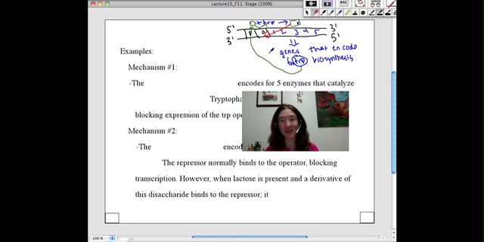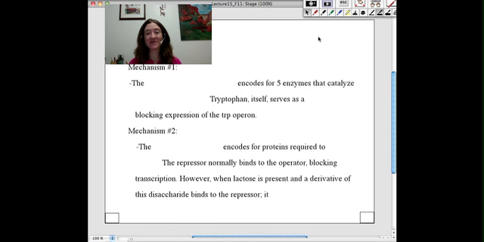There's plenty of tryptophan, no need to synthesize more. So here we're seeing mechanism 1 in action where the effector molecule is acting as a co-repressor. So let's jot that down. The TRP operon encodes for 5 enzymes that catalyze tryptophan synthesis, and tryptophan itself serves as a co-repressor.